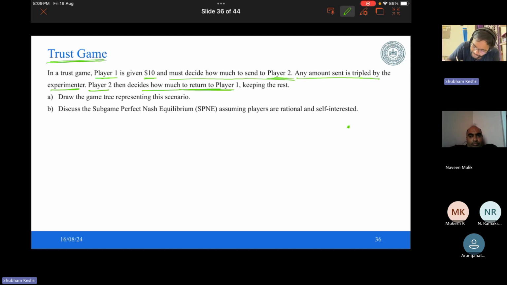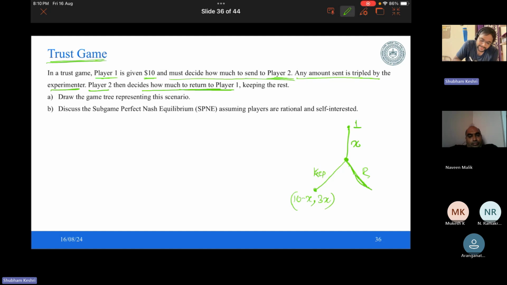So the game is like this. Player 1 is over here, giving X to player 2. Player 2 has two actions: either he does not return, so he keeps, or he returns. When he keeps, player 1 gets a utility of 10 minus X and player 2 gets a utility of 3X.